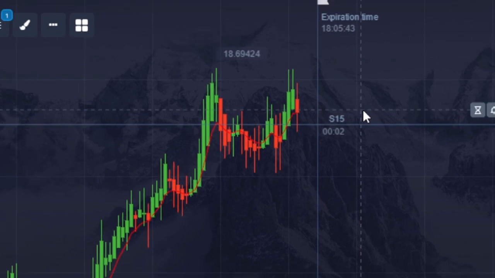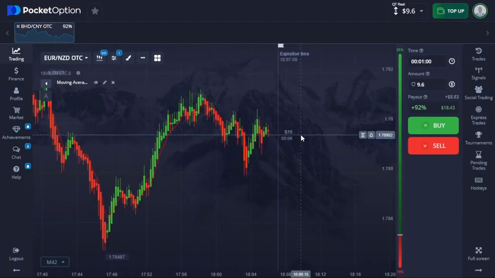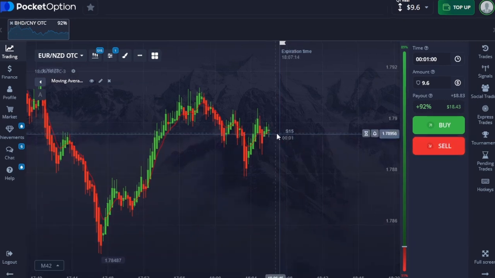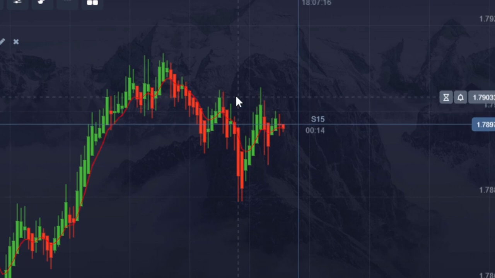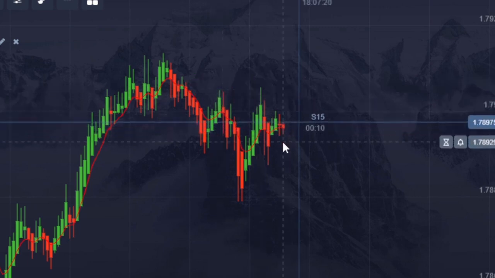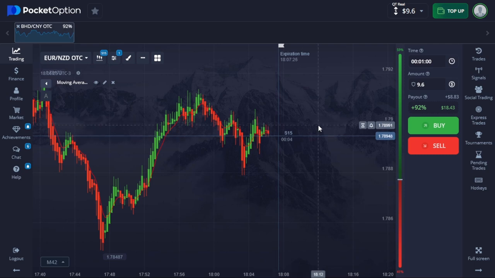I look for another entry. Possible position right now in Euro NZD. Be cautious: the candle is below the average, indicating weakness or a downtrend. If the next candle stays below the average, I will enter, otherwise I will wait. Possible bearish position.